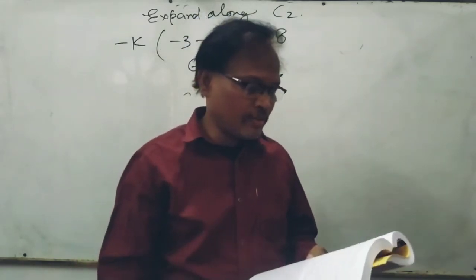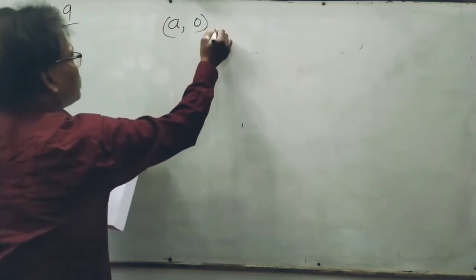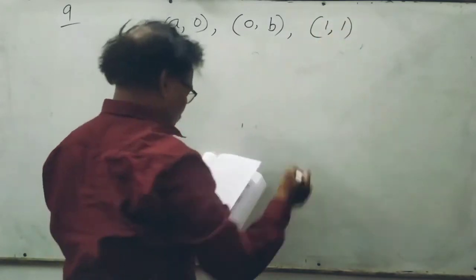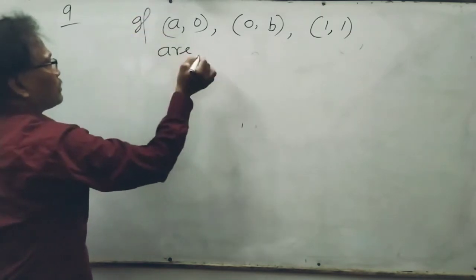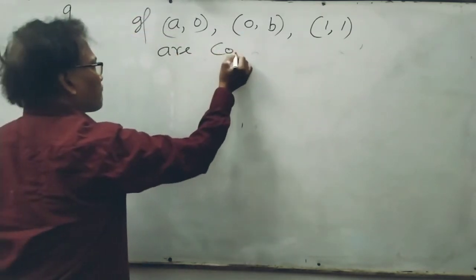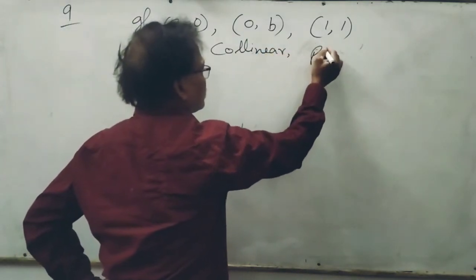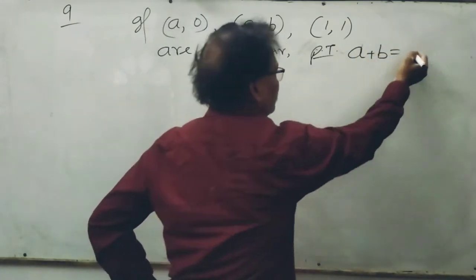One question, if the points are collinear, prove that. Question number 9. If the points (A, 0), (0, B) and (1, 1) are collinear, prove that A plus B is equal to AB.